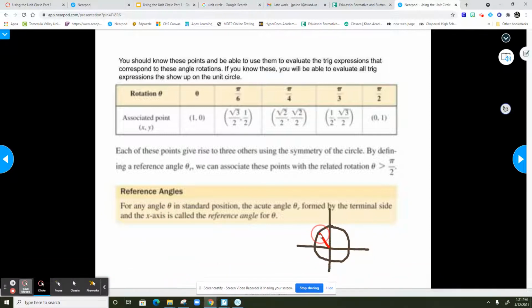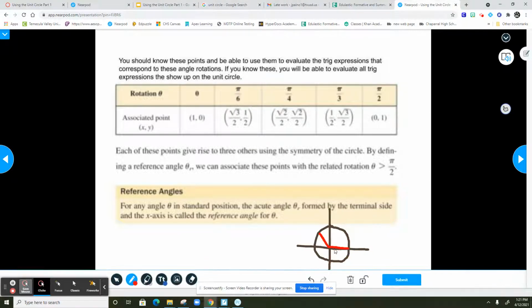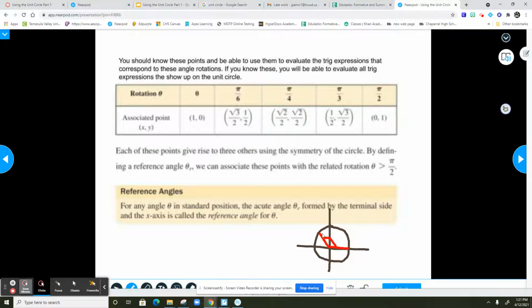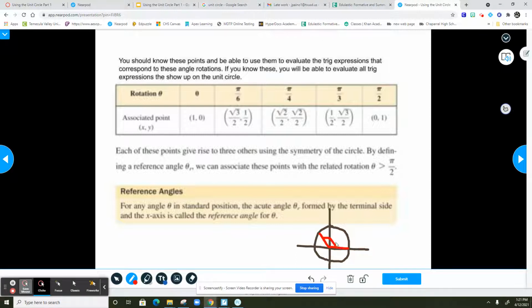What they mean by standard position is that it always starts on the positive x-axis, and it's going to always move from there. It's measured this direction, counterclockwise. So standard position is the vertex is at 0, 0. There's always one side of the angle that goes along the positive x-axis, and the angle moves counterclockwise.